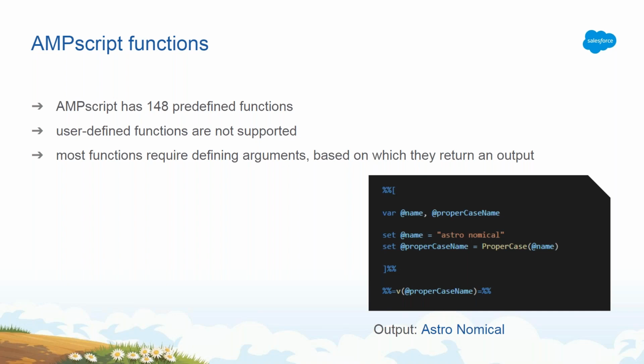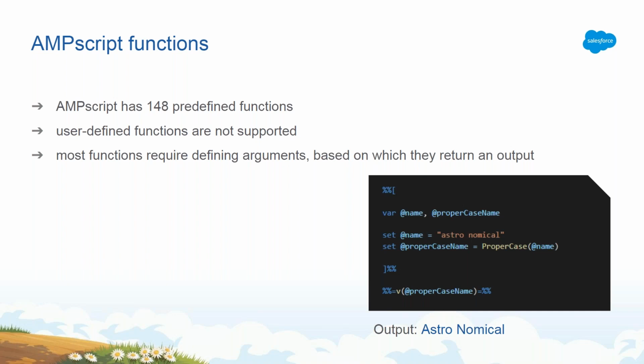So now we will talk about the functions. AMPscript uses a set of 148 predefined functions, which are mostly focused on displaying, transforming, and storing marketing data and content.